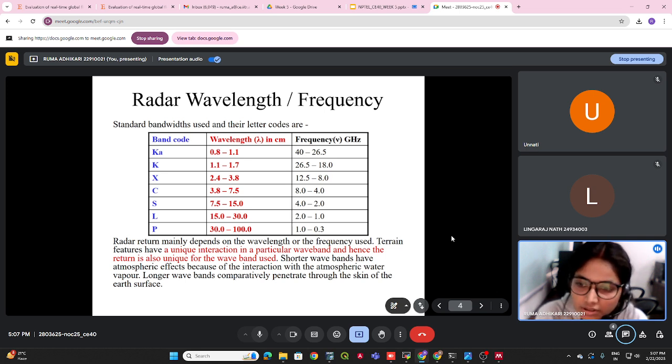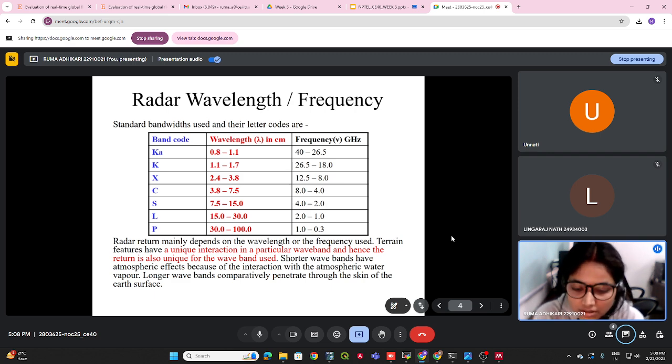The radar return depends on the wavelength; we already have seen a few examples of how it interacts, and which one to use for which application. The terrain features, that is our targets, have a unique interaction in a particular wave band, and hence the return is also unique for the wave band used.